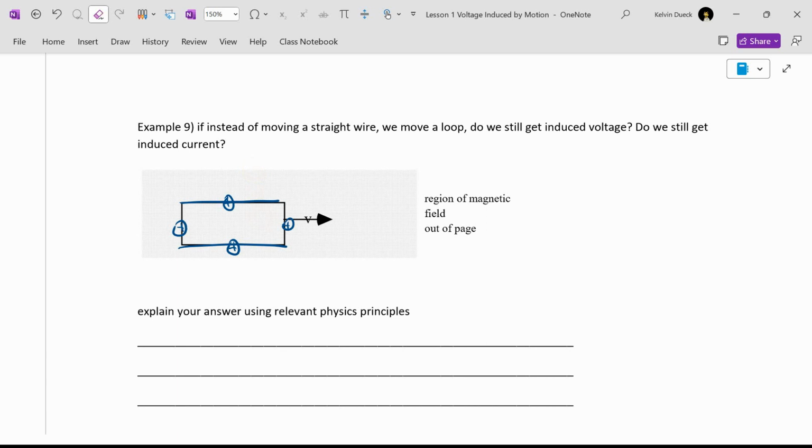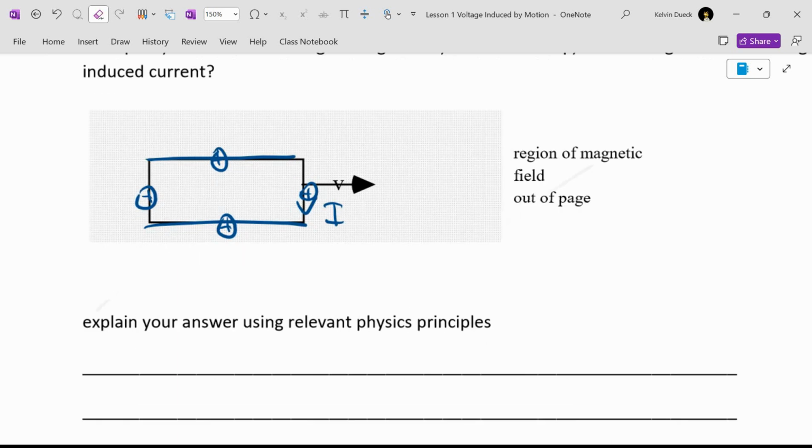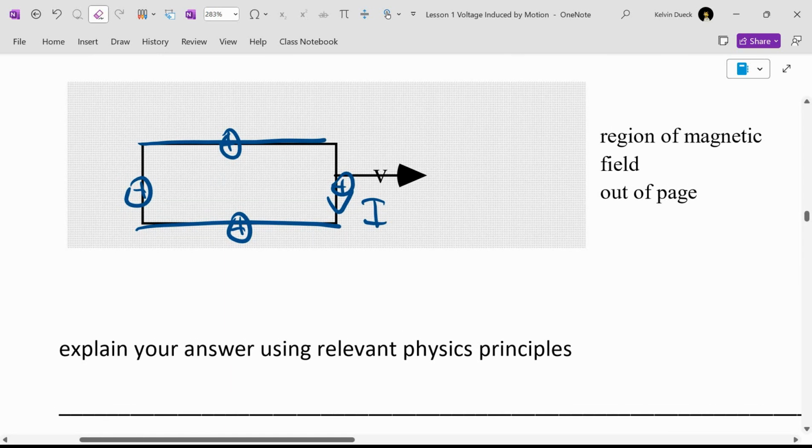But the front section will give us something. We have the velocity that way, magnetic field out of the page. A proton in that front section will feel a force, will cause a current in that direction. What about a proton on the rear section? Well, it's moving to the right, magnetic field out of the page. A proton in the rear section will feel a force that way.